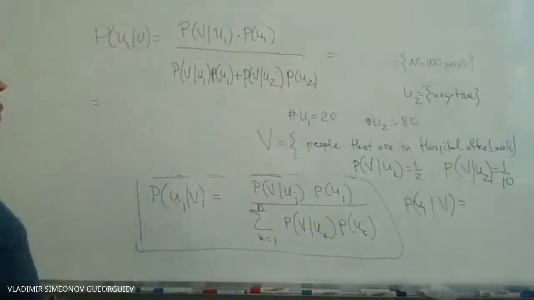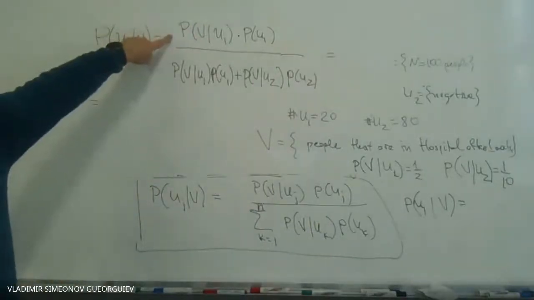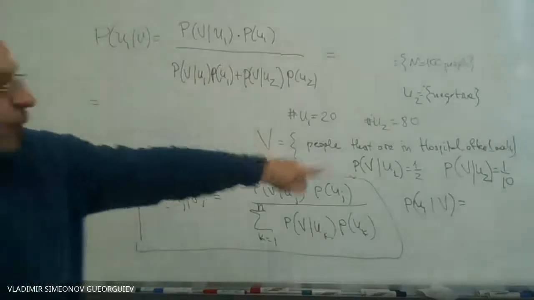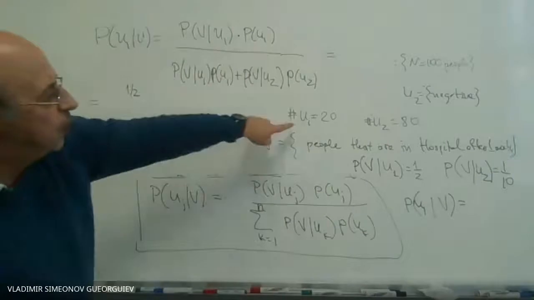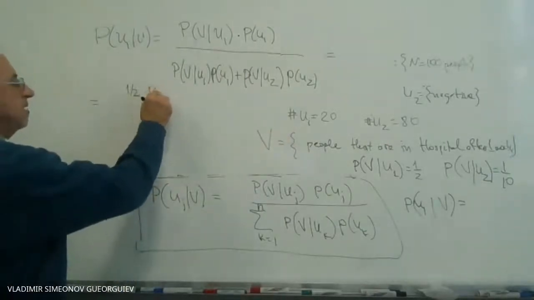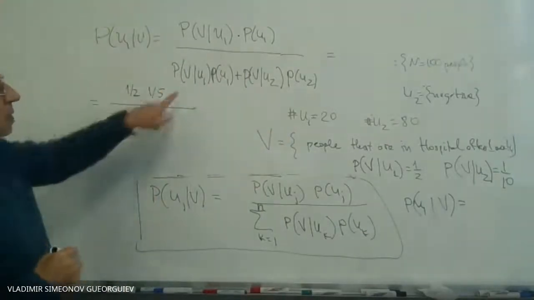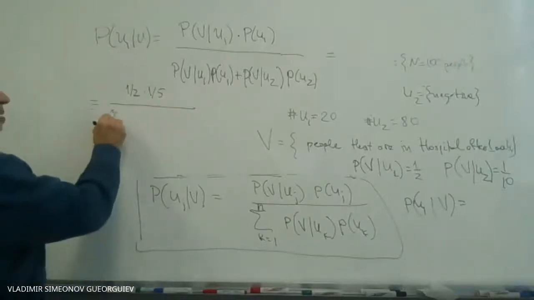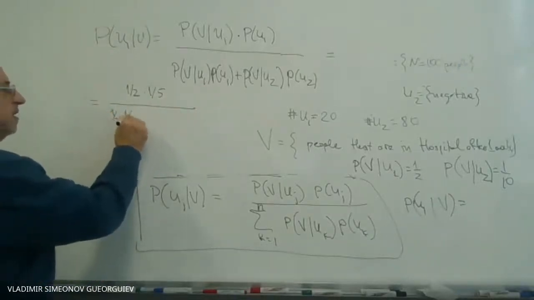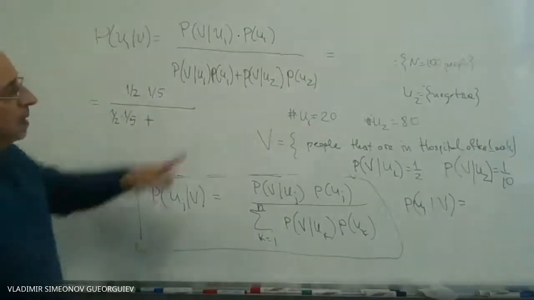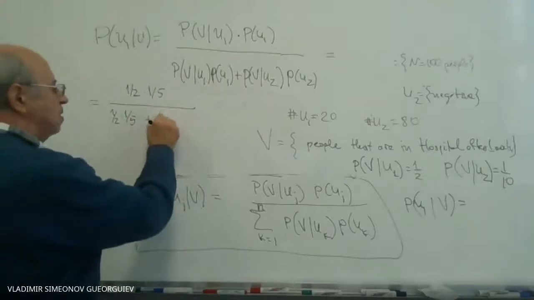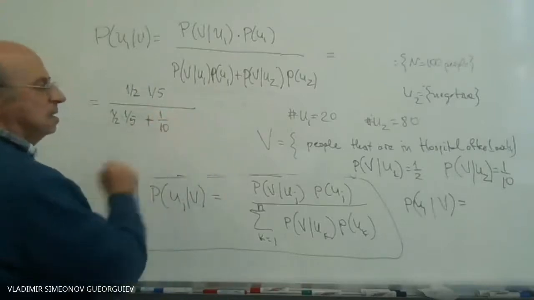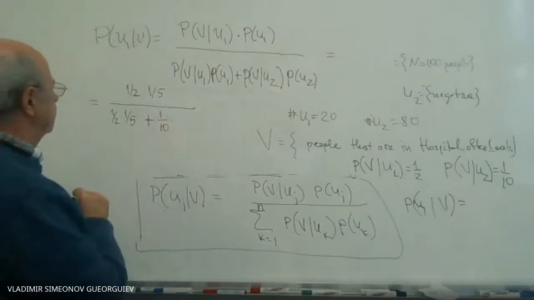And let us continue. What is the probability V given U1? This is 1/2. P of U1, we set 1/5. Below, we have the same guy, 1/2 by 1/5, plus what we have, P of V given U2, 1/10 times P of U2.